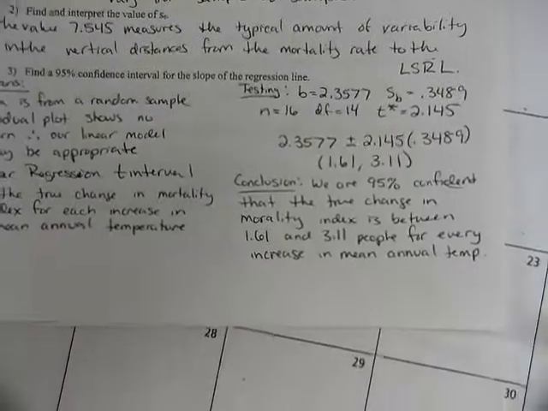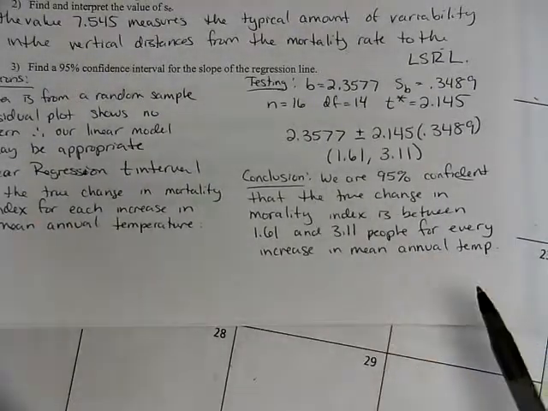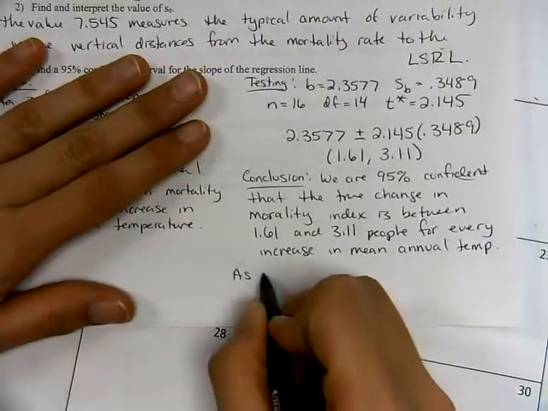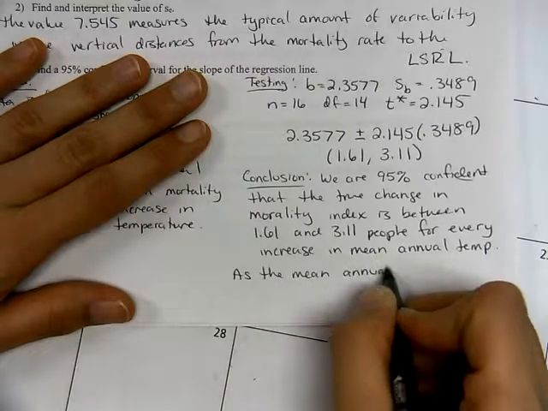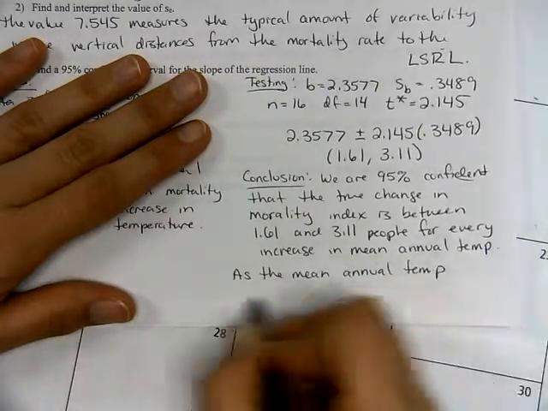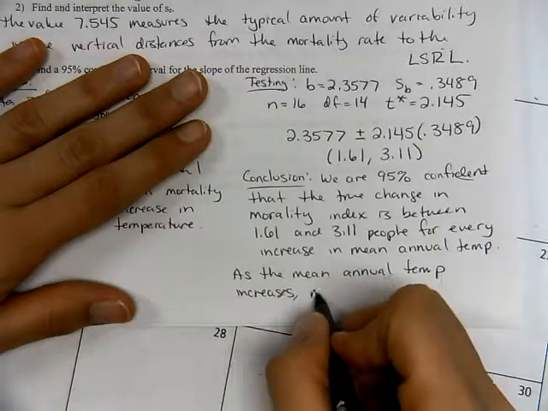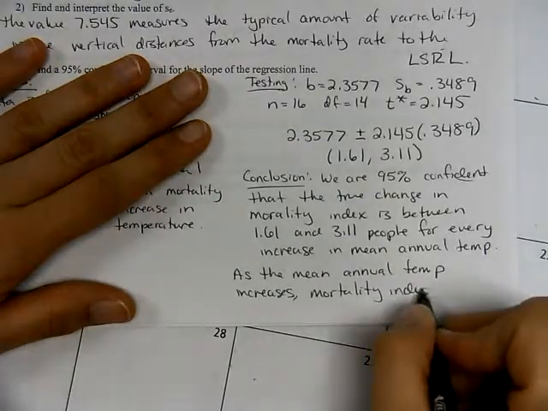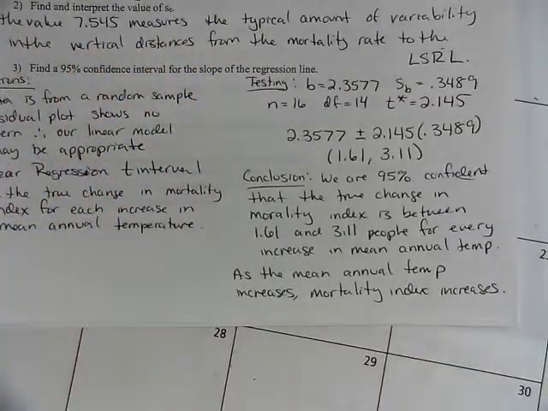And then basically just explain what the positive slope means, because both endpoints are positive, so we know it has to have a positive slope for sure. As the mean annual temp increases, mortality index increases. Okay, questions at all?